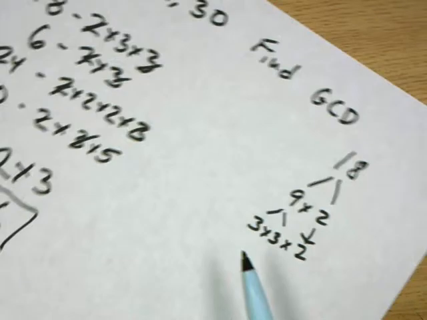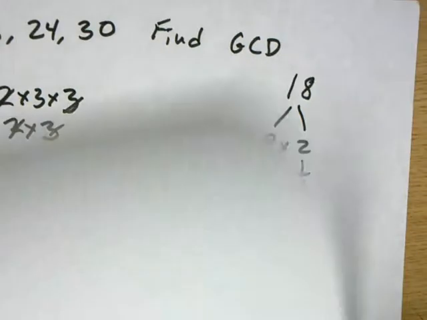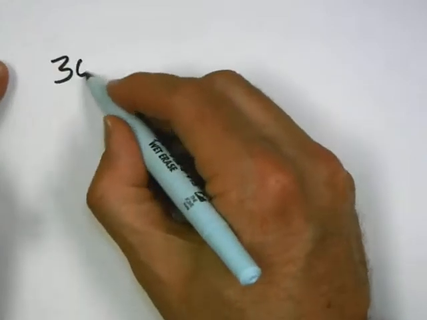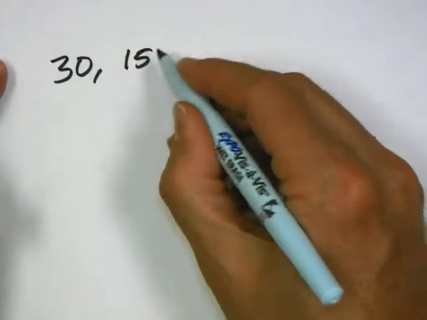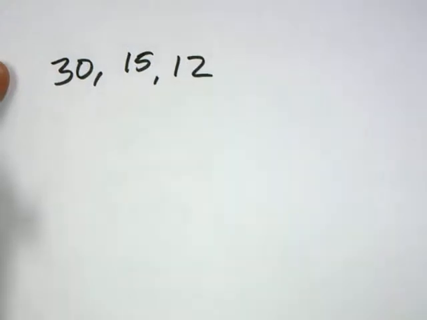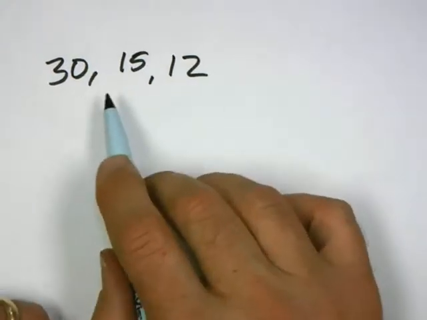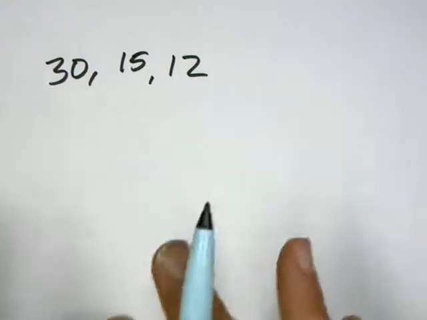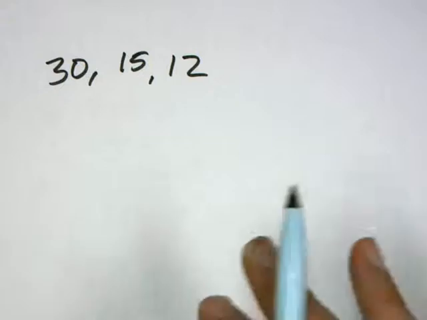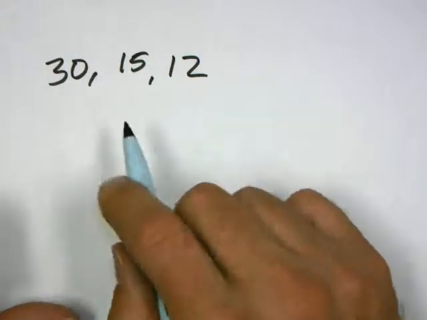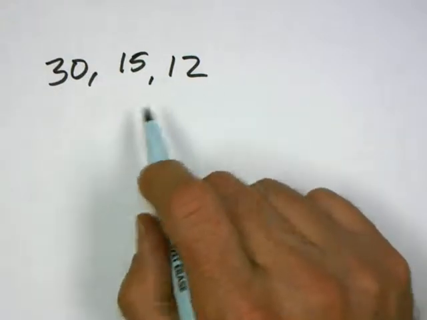We're looking for the GCD between 30, 15, and 12. What's the greatest number they can each be divided by evenly?